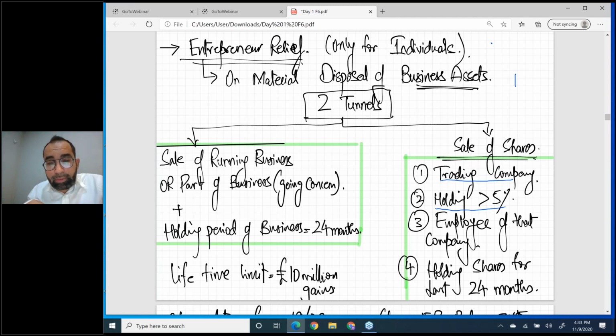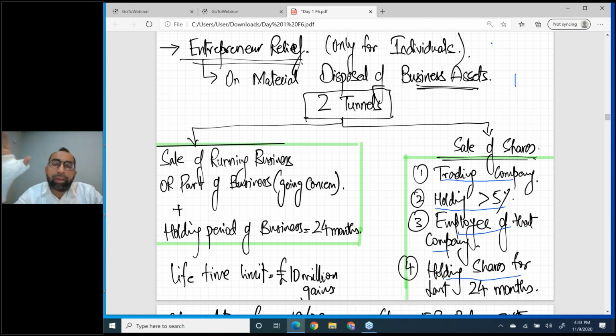Then you must be an employee of that company, doing a job in that company, as a director or an employee such as sales manager. And the last condition, holding shares for the last 24 months. You must be holding those shares for the last 24 months.